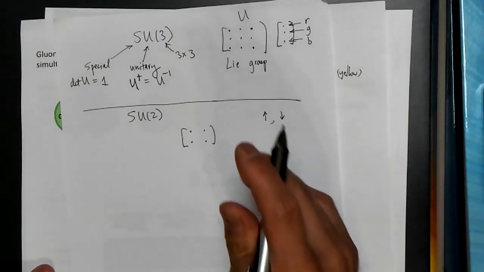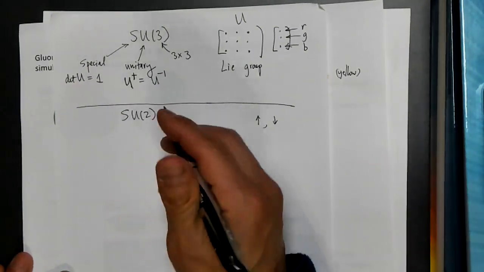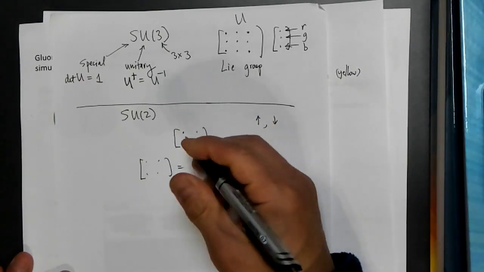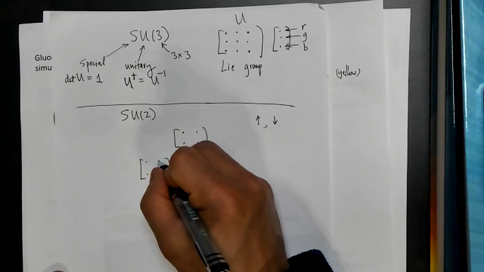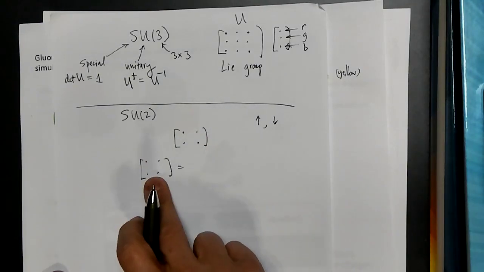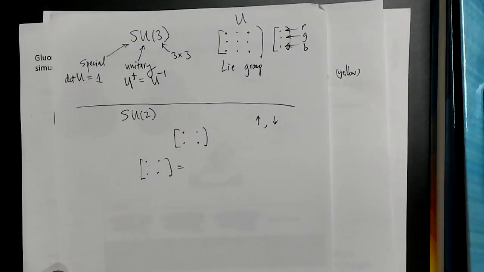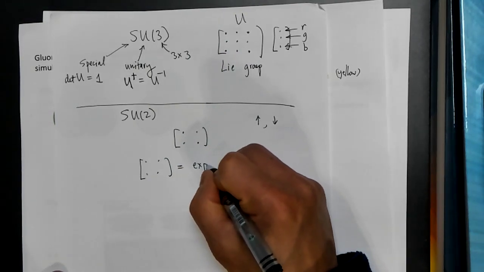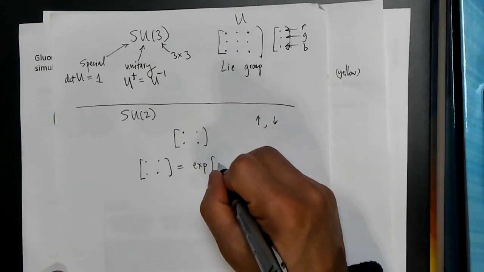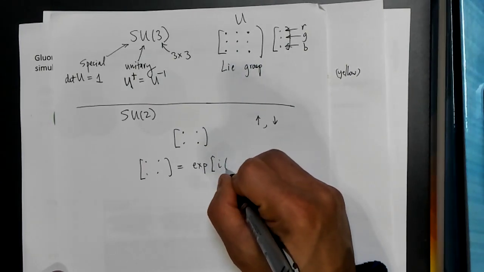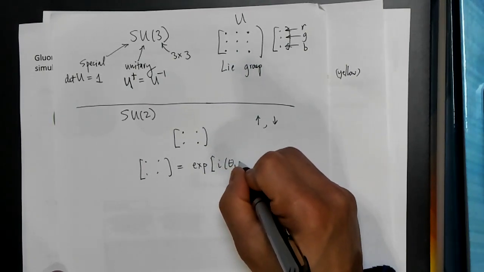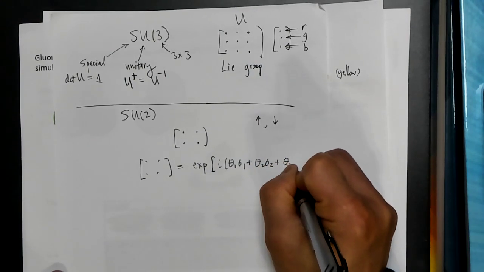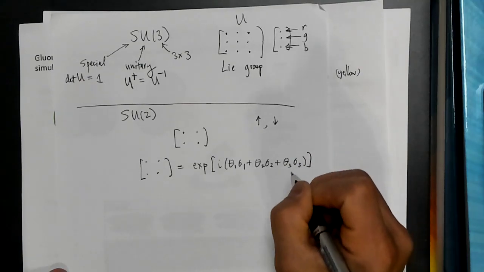Okay, so these Lie group elements for SU2, we said that we could write down these elements, at least the ones that are continuously connected to the identity matrix, as the exponential of i times theta 1 times sigma 1 plus theta 2 times sigma 2 plus theta 3 times sigma 3.